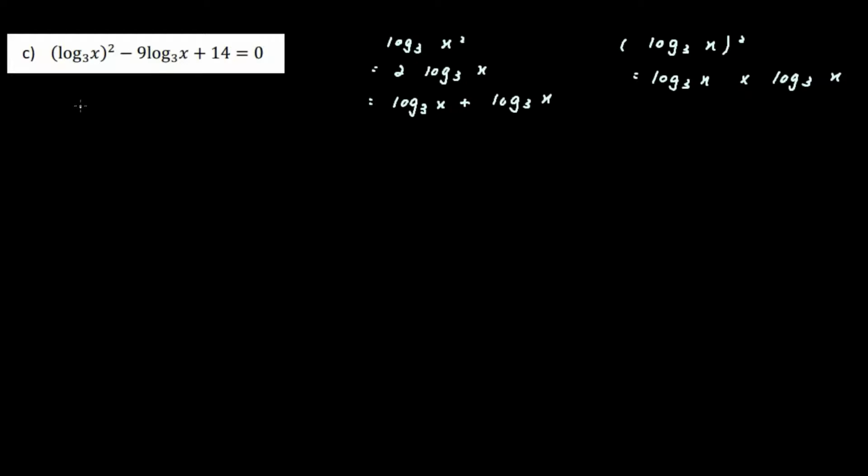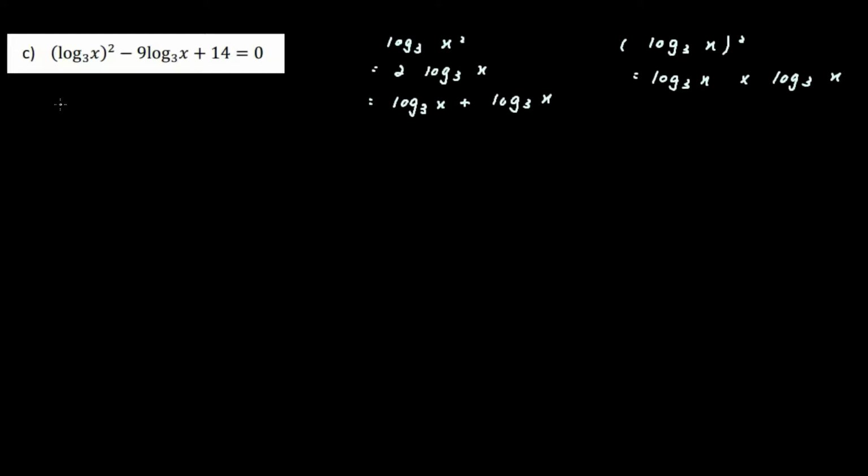So what we can try to do here is, if you remember back in P1 when we learned about quadratic equations, we learned something called substitution. So for this question we need to use substitution. I don't copy the question again, so you can try to copy it when you do the questions.